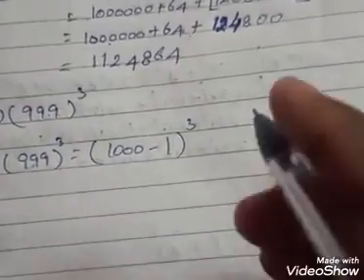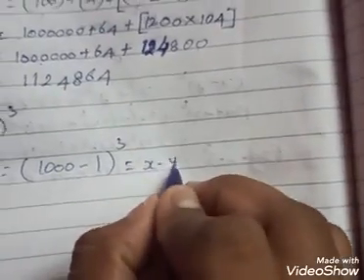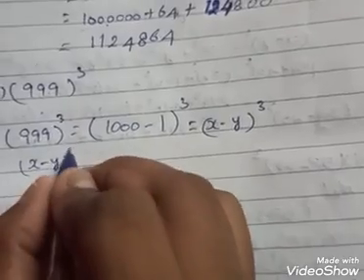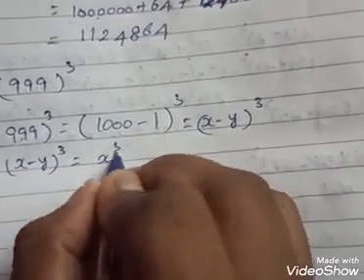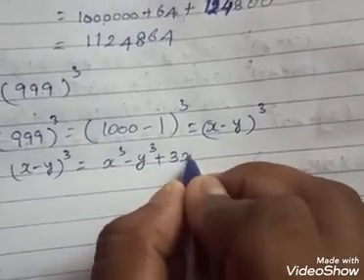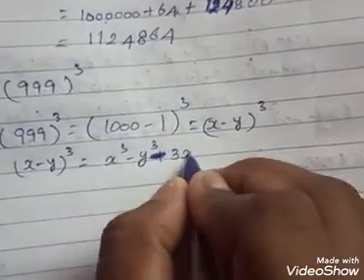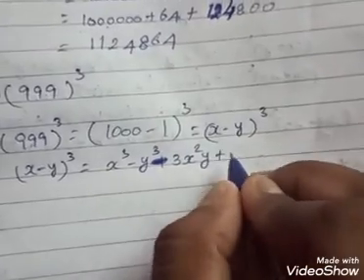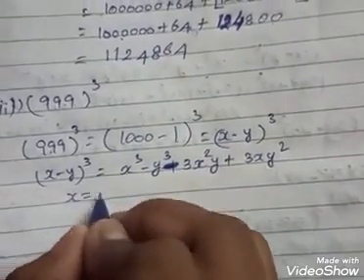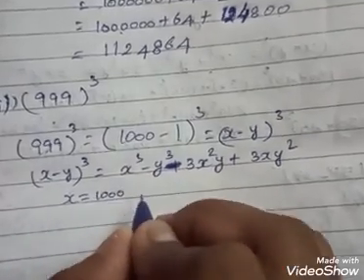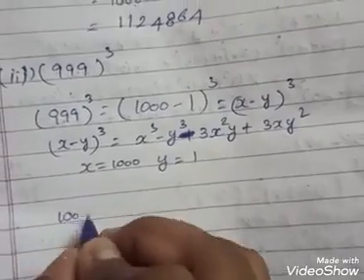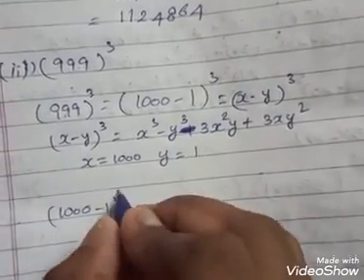Here we use the identity (x minus y) whole cube, which is equal to x cube minus y cube minus 3x square y plus 3xy square. Here x is equal to 1000 and y is equal to 1. So directly you substitute it.